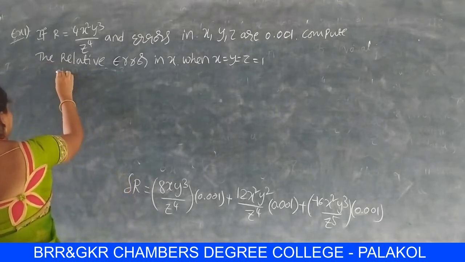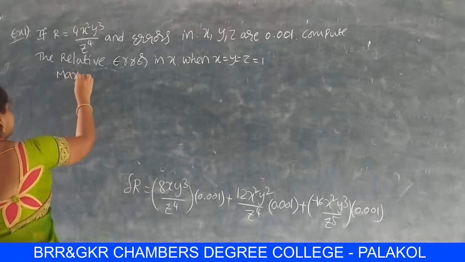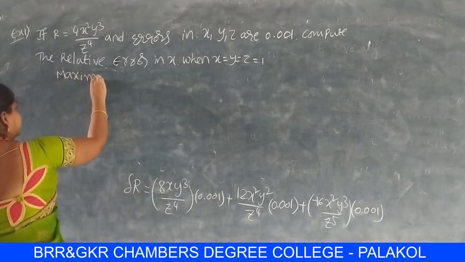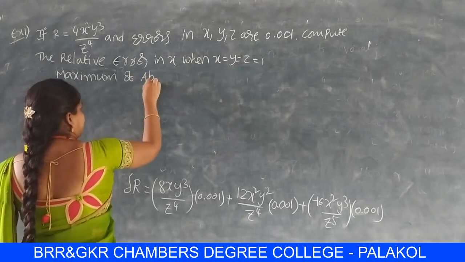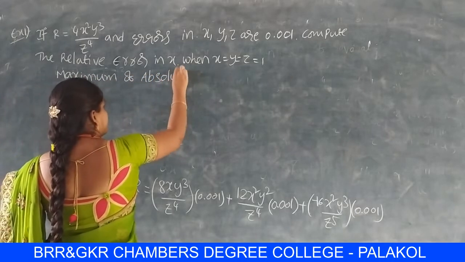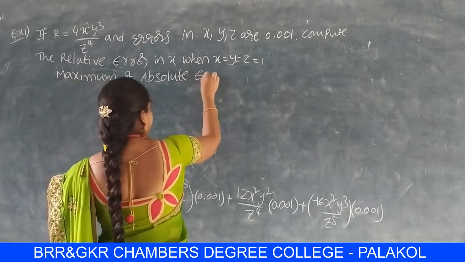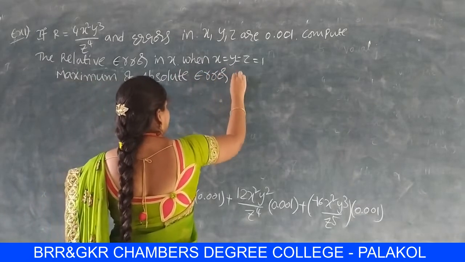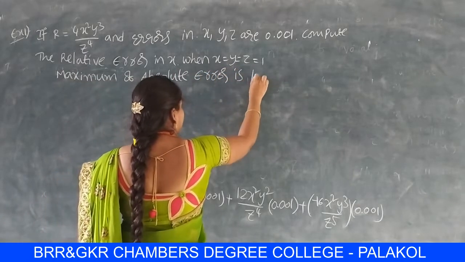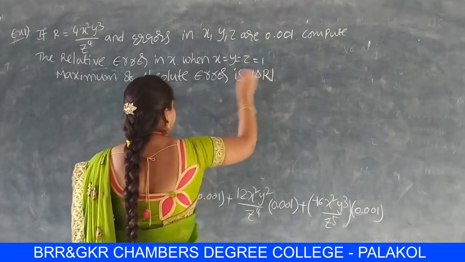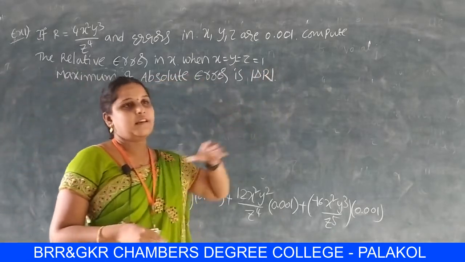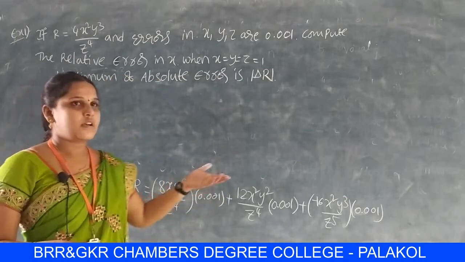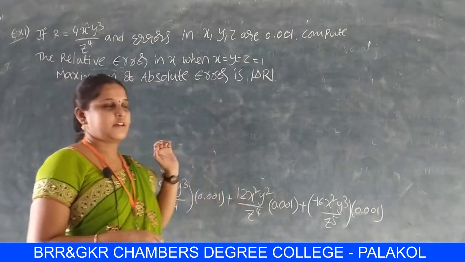Now the maximum absolute error is the modulus of delta r. Maximum absolute error is defined by taking the general error formula and substituting the modulus values on both sides.